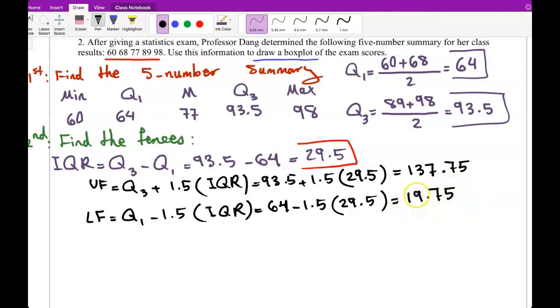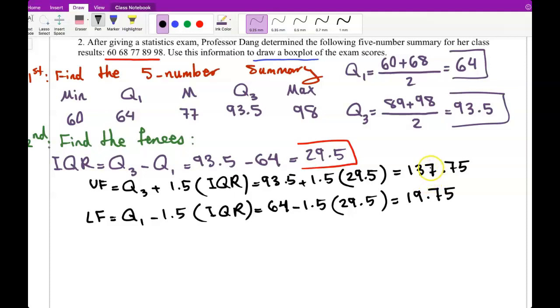And also if we had greater than the upper fence, this is 98, so that 98 is not greater than upper fence. That means we don't have outliers.